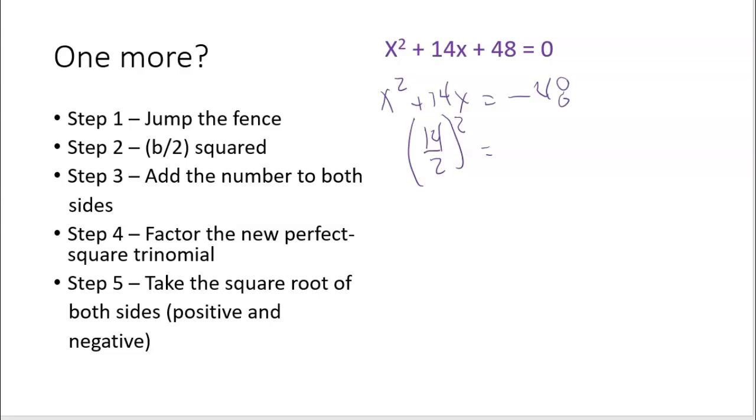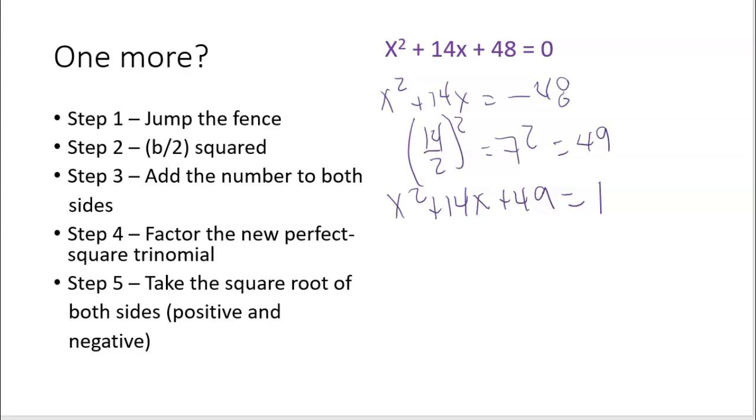Well, 14 divided by 2 is 7, right? 7 squared is 49. So we're going to add 49 to both sides. Negative 48, positive 49, that's 1, correct?